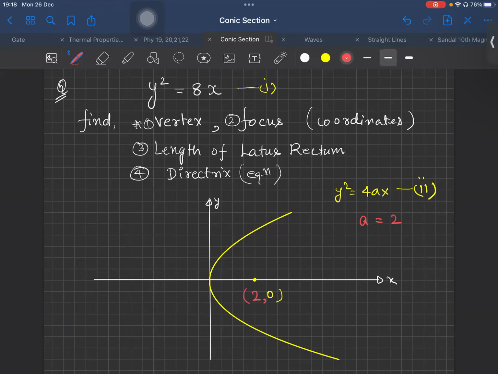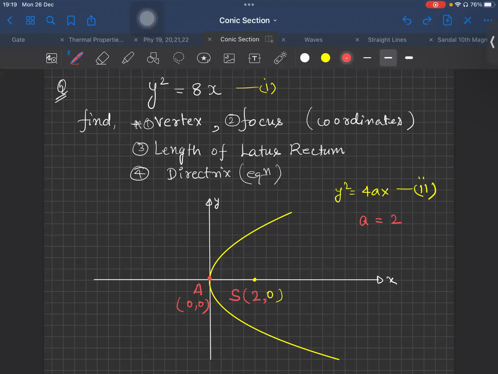This is your focus. Now what is the vertex? Vertex is the origin, (0, 0). It will be the origin unless we add something here, and we are not adding anything, so the vertex is the origin.